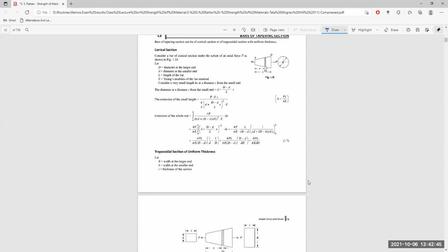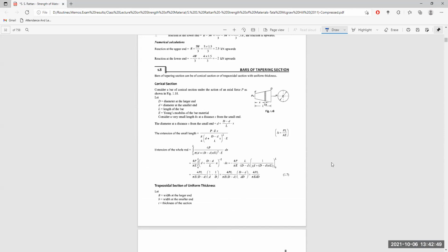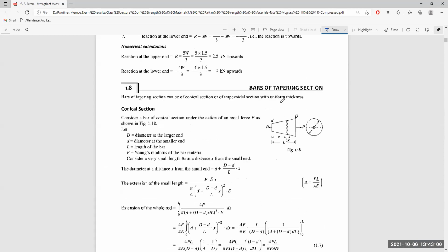Let us start with the bar of tapering section. The bar of tapering section can be of conical section, trapezoidal section, or round section.